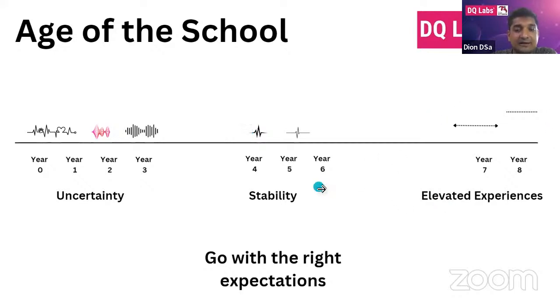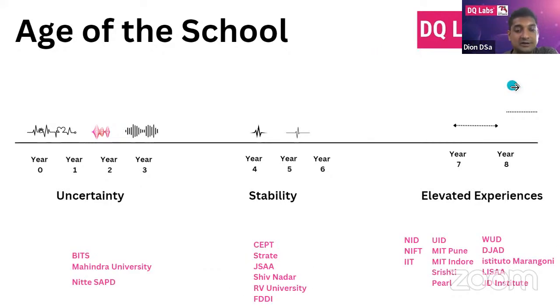No, that's not what I'm saying. All I'm saying is that if you do consider a younger school, you need to go in with the right expectation. Yes, younger schools will have problems, but that's fine, I'll deal with it as and when it happens. That's the mindset you need to go with. It's not about the school, it's about your mindset. And I hope this helps you tune to that.